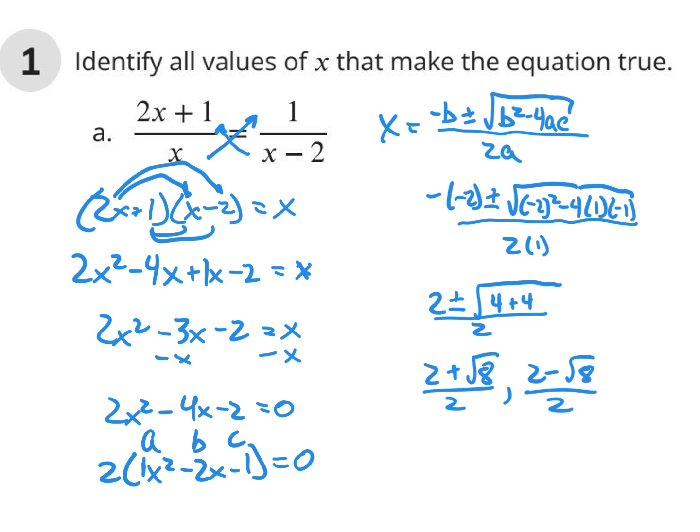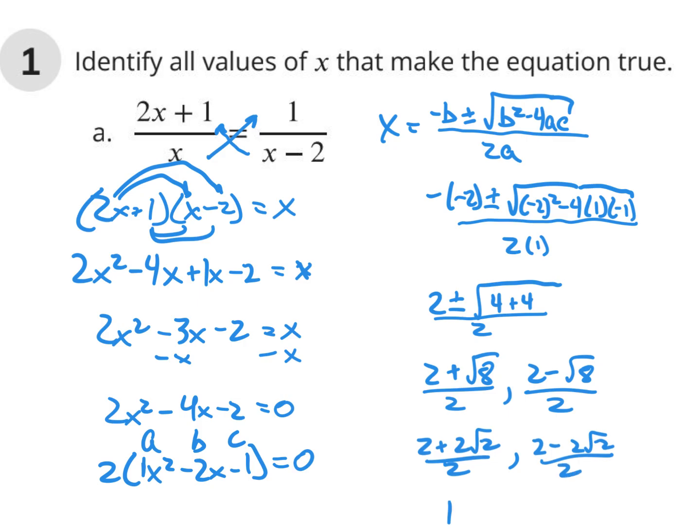Okay, so if you do know how to do this, if you learned this in Algebra 1, maybe this is as far as you've gotten. But if you went any further, if you know how to simplify your radicals, I don't have a space for it here, but the next line becomes 2 plus 2 root 2 over 2, 2 minus 2 root 2 over 2.